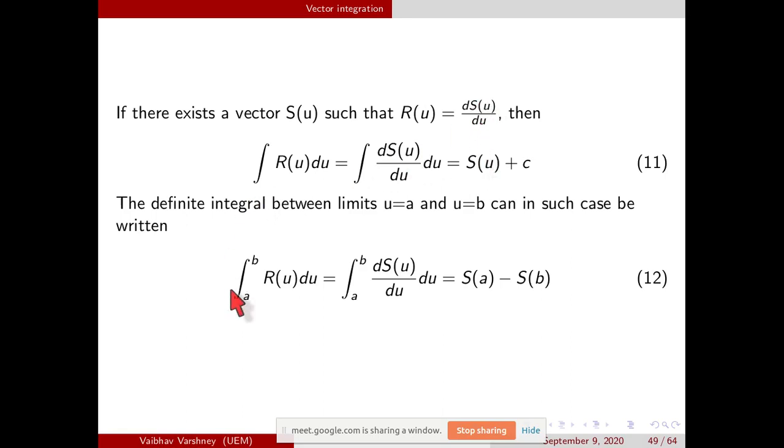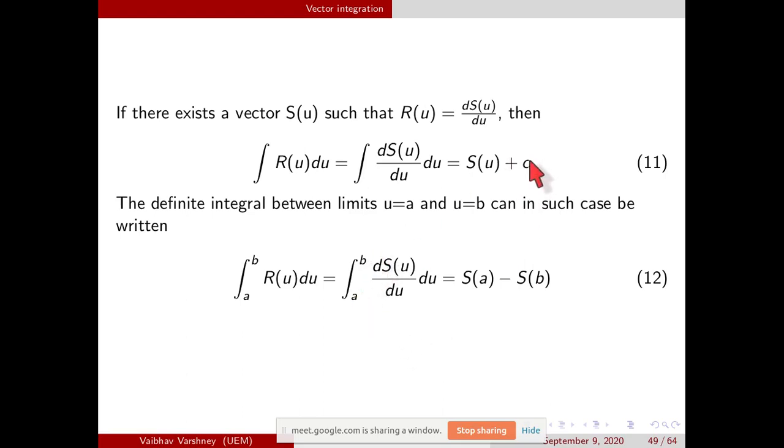And if there is limit from a to b, then we have to do nothing. We have to put the limit in place of u, and then we will get S of b minus S of a. I think I have done wrong earlier, this will be S of b minus S of a. Okay, no issue. So when you take the limit, this constant goes.